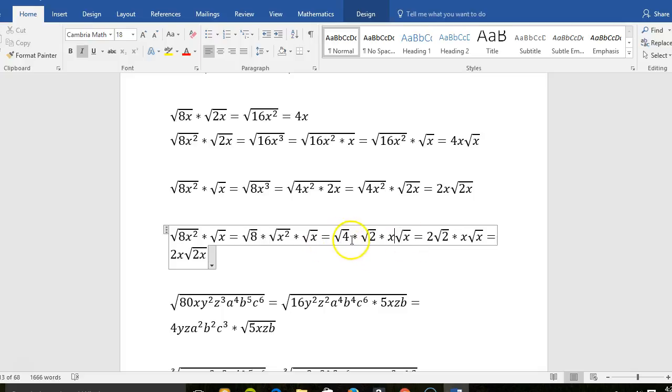But the whole point of doing radical 4 was so I can just juxtapose. This is just 2 radical 2 here, and so I got 2 radical 2 times x radical x. But I can use commutativity. This 2 times x comes together as 2x. This radical 2 and radical x comes together as radical 2x, like that.